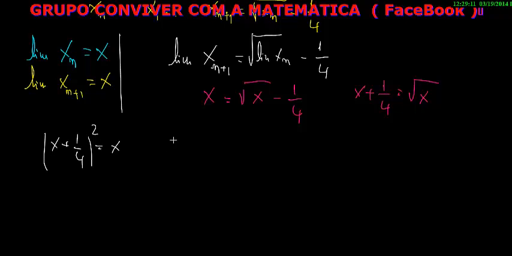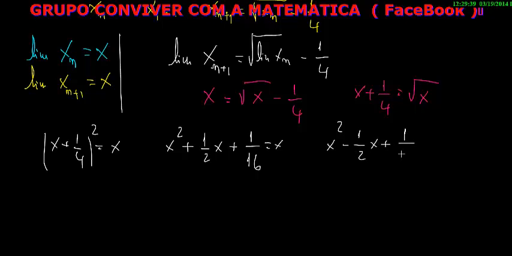I will have x squared plus 1 half of x plus 1 over 16 equals x, which is the same as to say, moving x to the first member, x squared minus 1 over 2 x plus 1 over 16 equals 0.